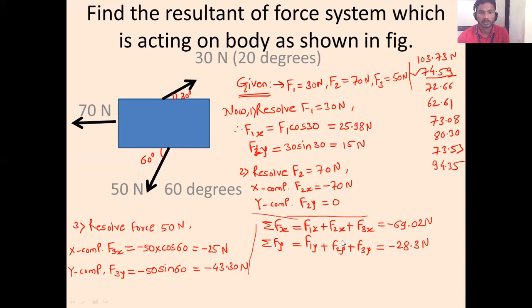Both the values are with us. We know the formula for the resultant. Therefore, R is equal to, what is that formula?